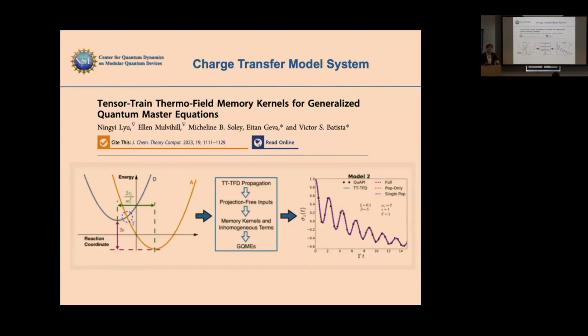So basically what I'm going to explain in this presentation is that one can simulate the dynamics for a subset of matrix elements of the reduced density matrix and derive a master equation for that subset. And in fact, one can select only one element. And when you compare that with propagating all of them, you get the same answer.